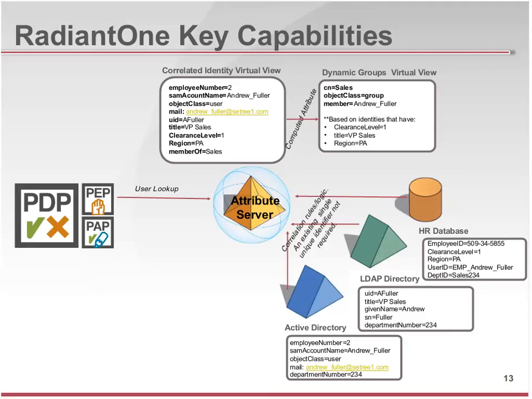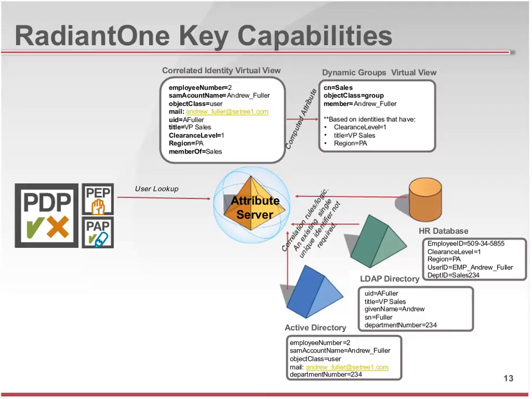We're connected to 3 different backend systems: an Active Directory, an LDAP directory, and an HR database. We've used attributes in these different systems to identify that it's the same person across these different systems. So we're looking, in the case of the connection between Active Directory and the LDAP directory, at perhaps first name and last name, and maybe some additional attributes like department number to determine that this is in fact the same person.